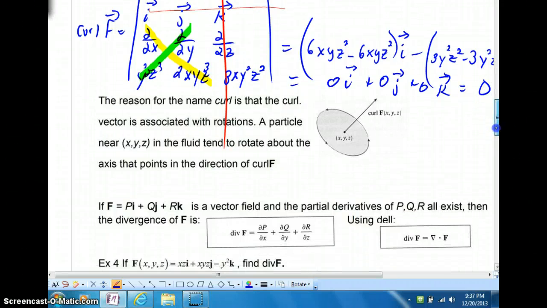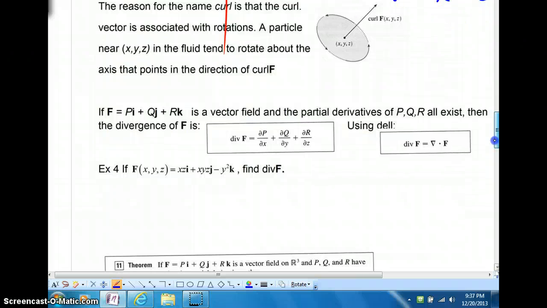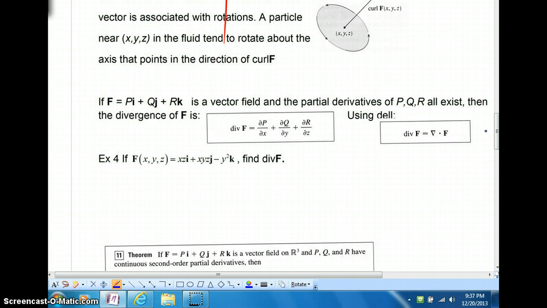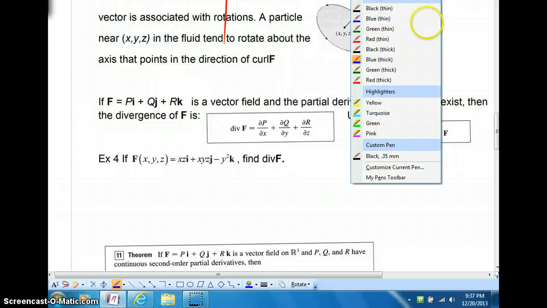Now, there is a second type of operation on vector fields. This, by the way, is a much easier one because it's not even a vector at all. Let's say we have a vector field f, Pi plus Qj plus Rk, and the partial derivatives exist. We had the curl of a vector field.